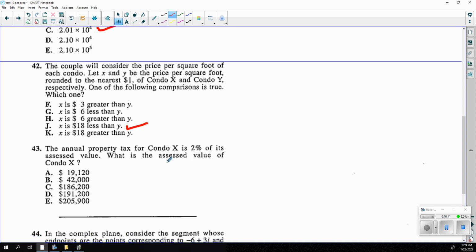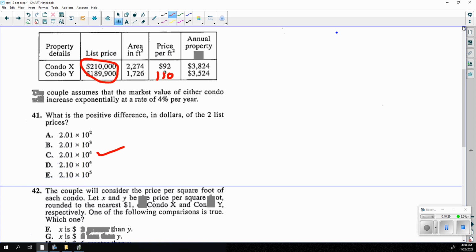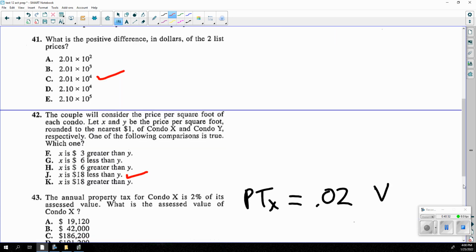The property tax for X is 2% of the value. So the property tax for X is 38.24.